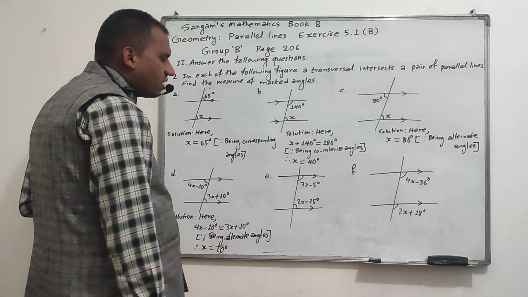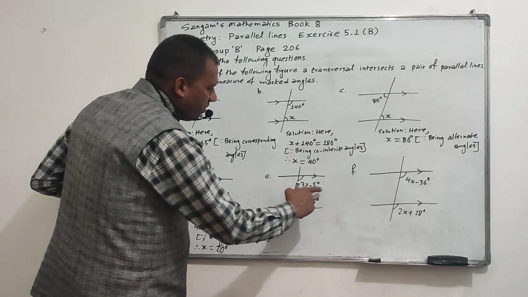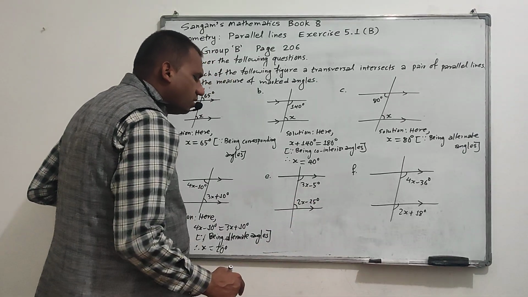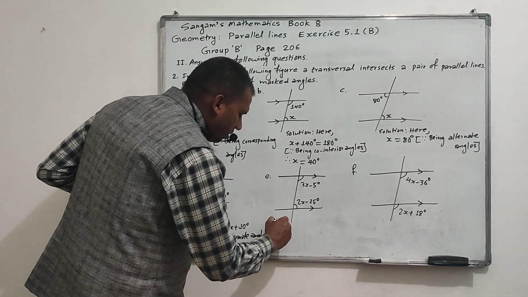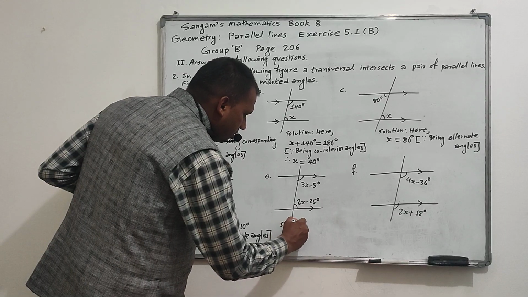On E, in this figure, 3x minus 5 and 3x minus 25, they are co-interior angles, so we can write their sum is 180.